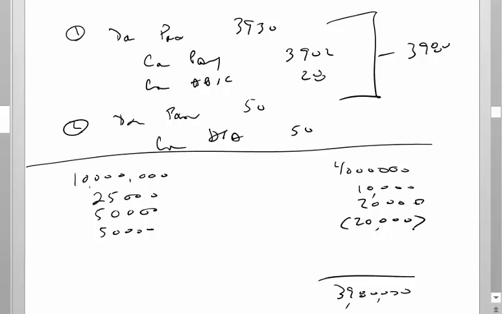So this is tax affected, so that would be 30. Boom, rate rec.